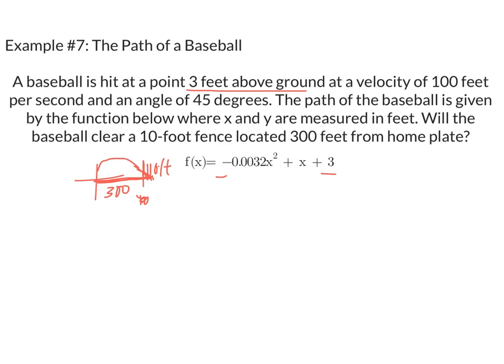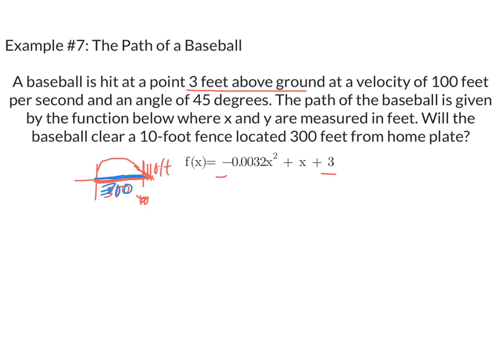If we think about an xy coordinate, x is usually your horizontal distance and y is your vertical distance. So x is your horizontal distance, which is here, that means we're going to substitute in 300 feet for x into our function.